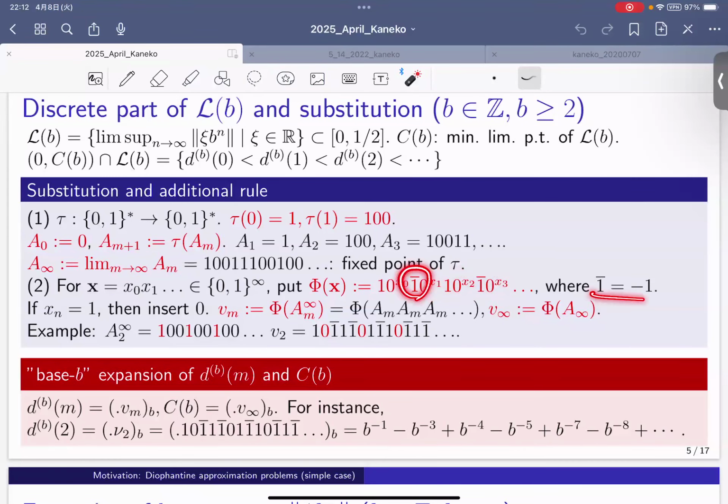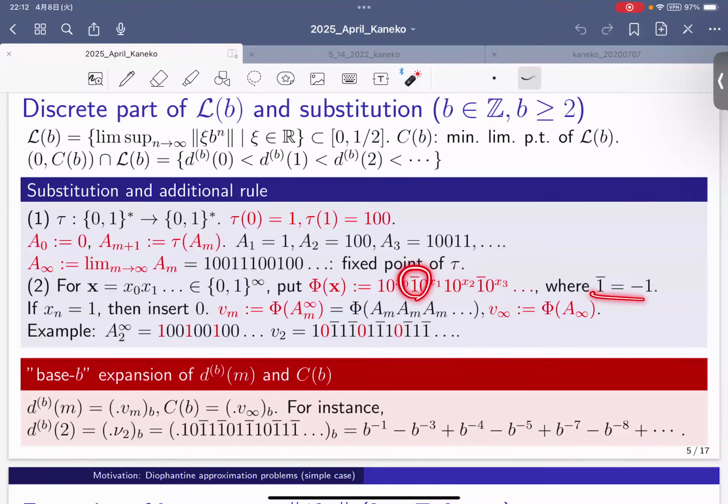So the meaning of this is the following. If x_n is 1, then we insert 0. And if x_n is 0, then 0^{x_n} is the empty word.